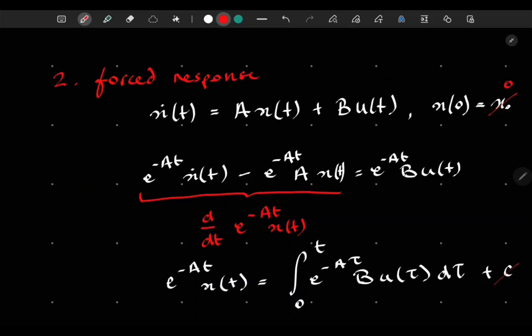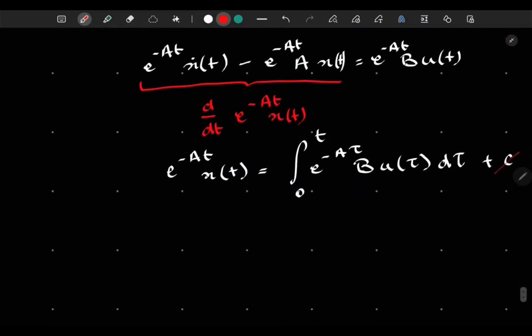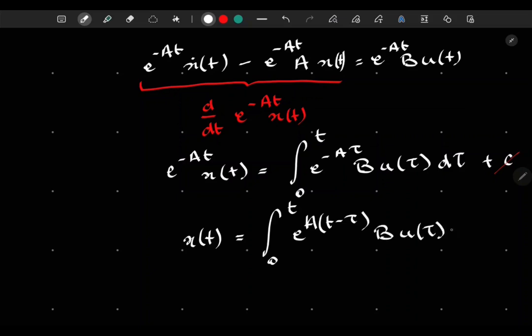Now all we have left is to bring the exponential e to the minus At to the right-hand side. So we multiply everything times e to the At, and we have x of t equals the integral of e to the A(t minus tau) times B times u of tau d tau.